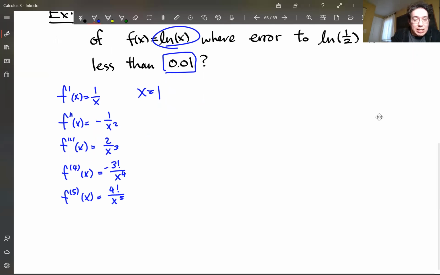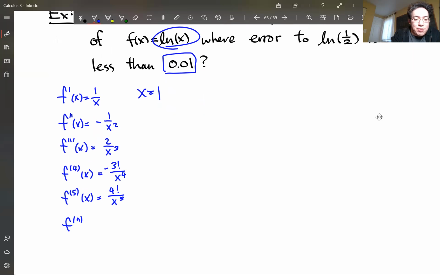So it looks like for the nth derivative, the numerator is not quite n factorial, it's n minus 1 factorial, right? Because for the fifth derivative, the numerator is 4 factorial.